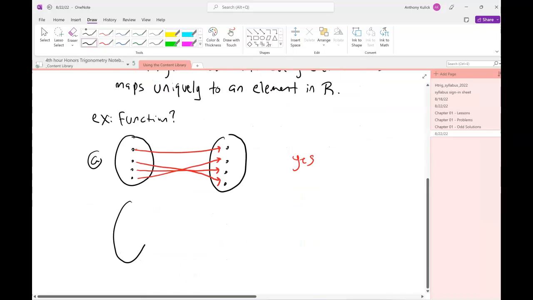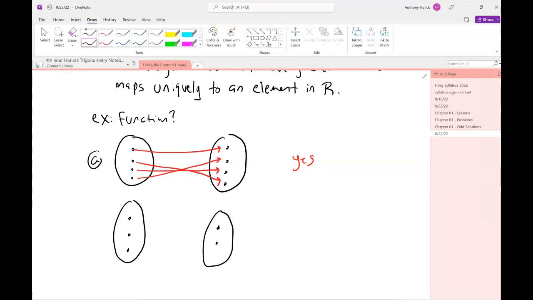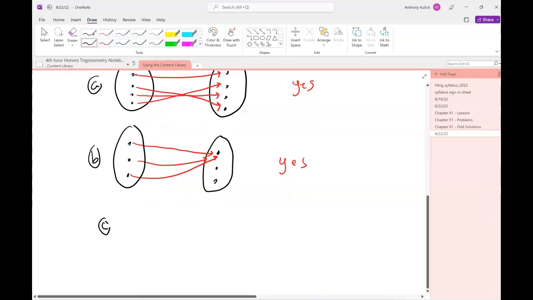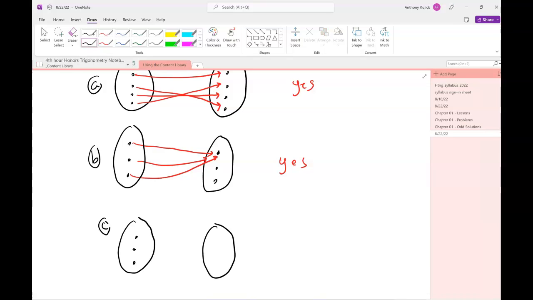What about this? Is that a function? Yes, all the x's are used, and they all go to one place. Still a function. Does it matter what's going on with the y's? No, it does not. Not all the y's need to be used, and the x's can all go to the same place. That is okay.